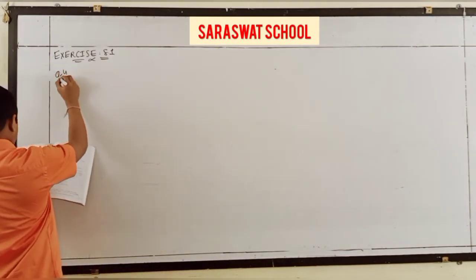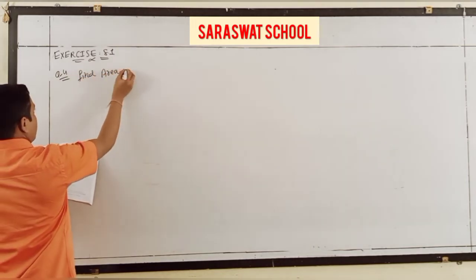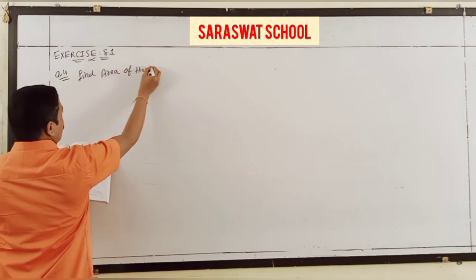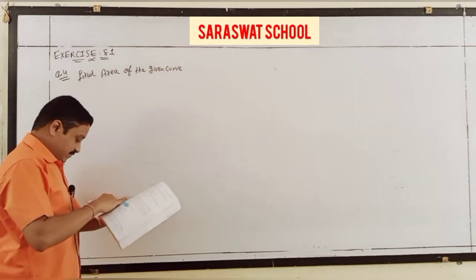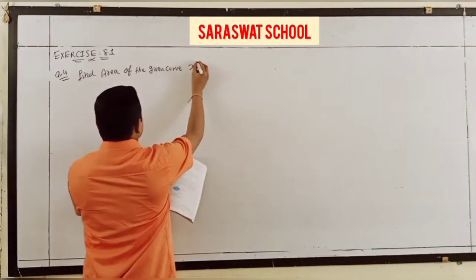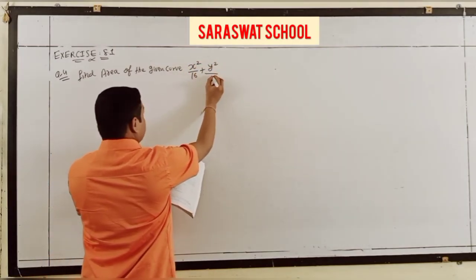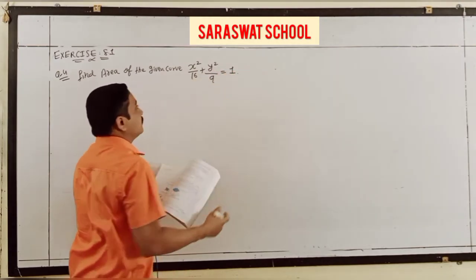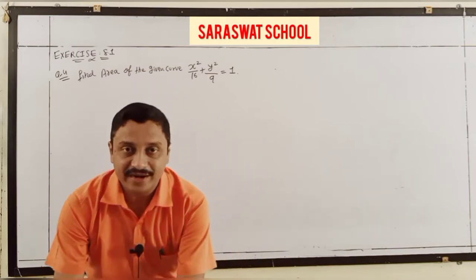Find the area of the given curve, the ellipse given, x square by 16 plus y square by 9 is equal to 1 on the axis. Yes, x square by 16, y square by 9.